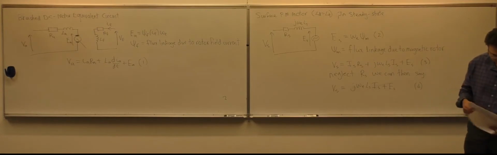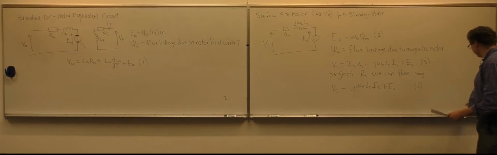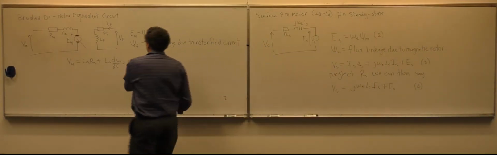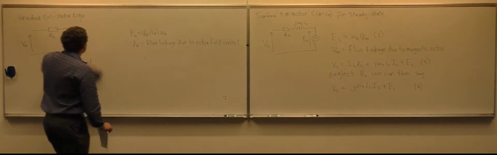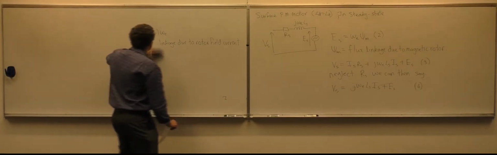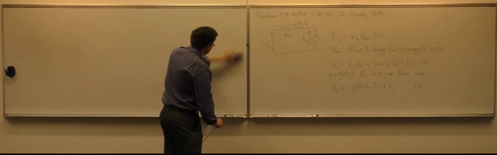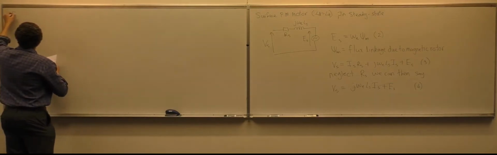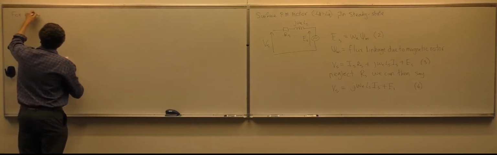So now we've got this nice little equivalent circuit, and then we could visualize what's going on with a vector diagram. Again, this is for when LD is equal to LS.